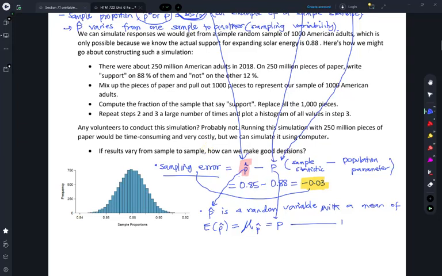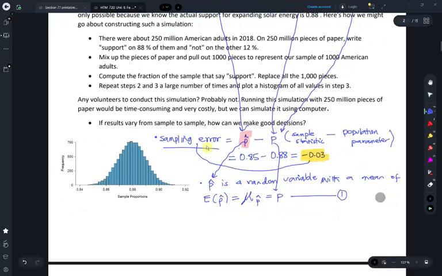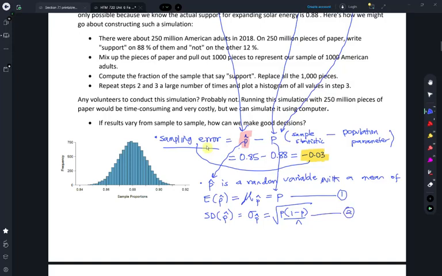This is an important formula for you to note. And then we'd also like to talk about the standard deviation of this random variable p-hat. This is written as sigma of p-hat. It is given by the formula square root of p times 1 minus p, all over n. That is the second formula.